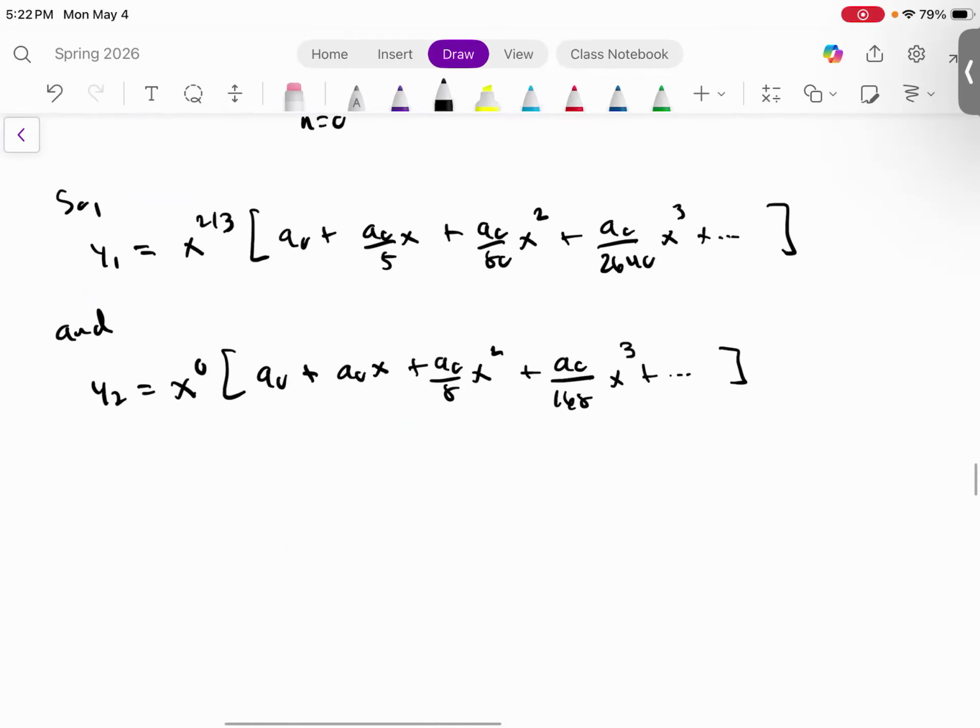Okay, so these are our two linearly independent solutions, but they're kind of ugly, and we even have an x to the 0 here. x to the 0 is just 1. We could factor out an a naught for both of these and just let a naught equal different constants.